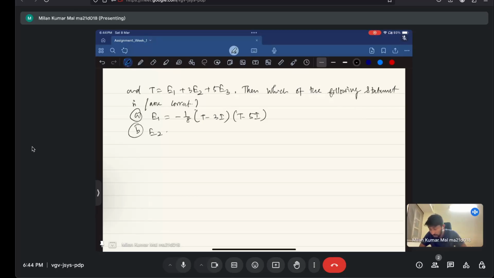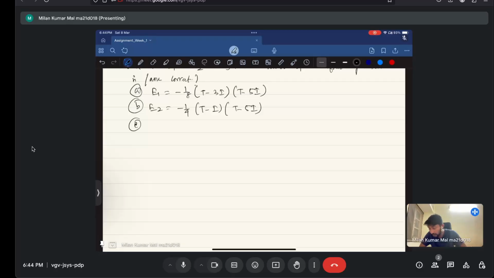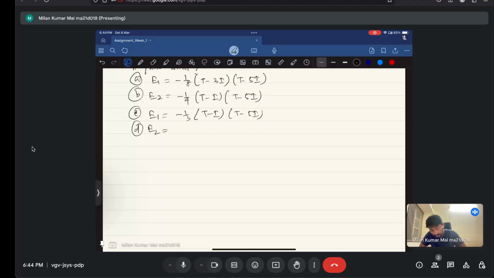B: E2 is equal to minus 1 by 4, (T minus identity)(T minus 5 times identity). Option C: E1 is equal to minus 1 by 3, (T minus identity)(T minus 5 times identity). And option D says E2 is equal to minus 1 by 3, (T minus 3I)(T minus 5I).